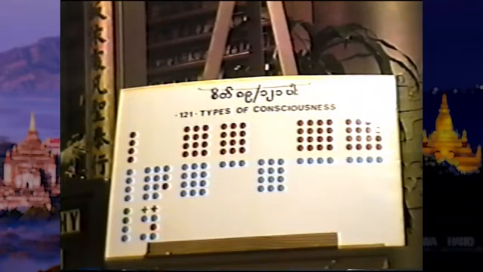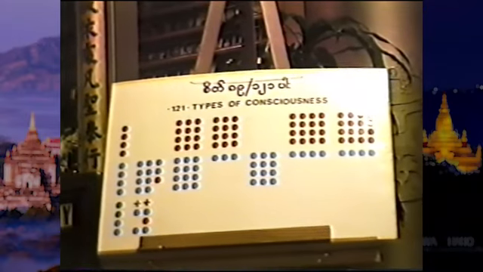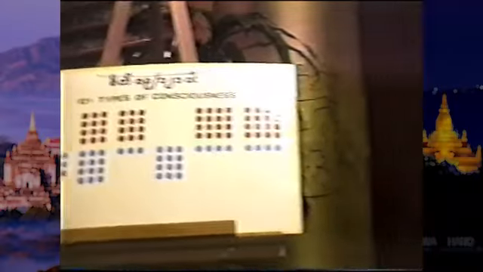Among the supernormal knowledges, there is one by which a person can know the consciousness of another person. Now, we say reading other people's mind, right?